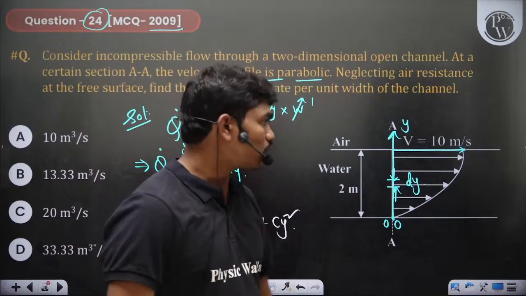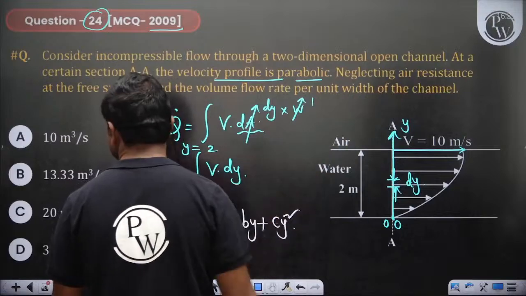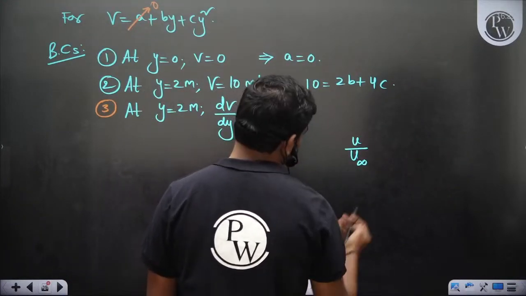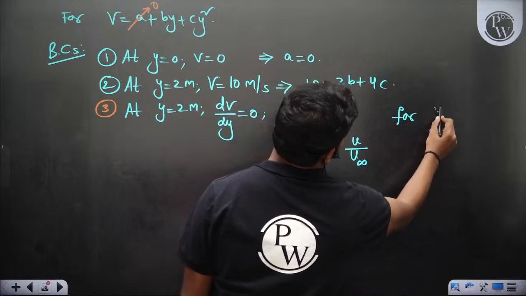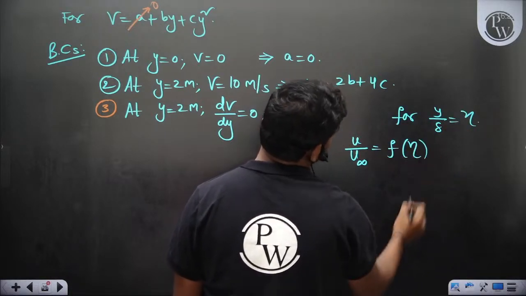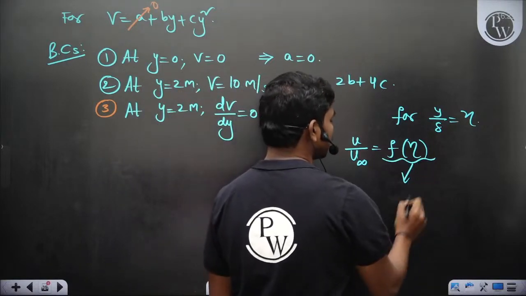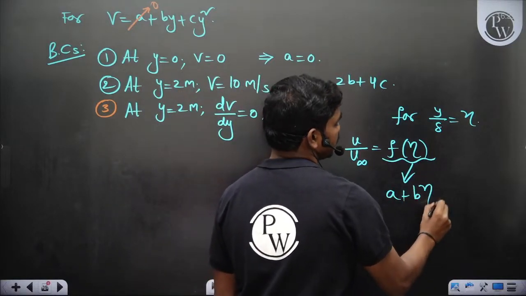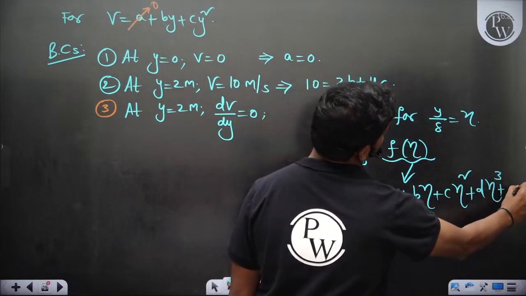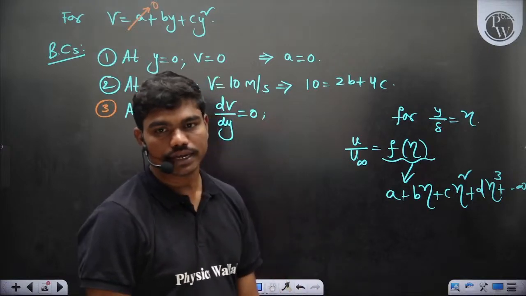Normally in a boundary layer there is some velocity profile. So u by u infinity, per y by delta, if I call it eta, this is some function of eta. When you have no idea, the best approximation is the series solutions. So this can be written as a plus b eta plus c eta square plus d eta cube and so on. Depending on the number of terms you cut, you will have the accuracy.